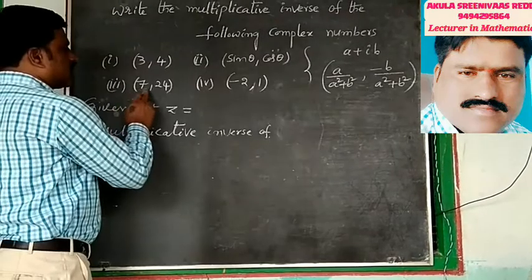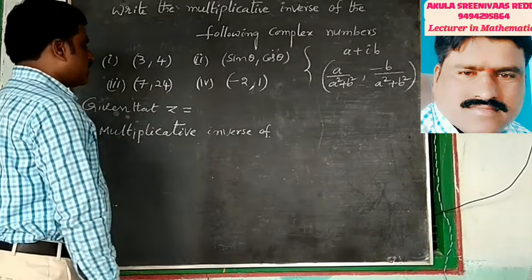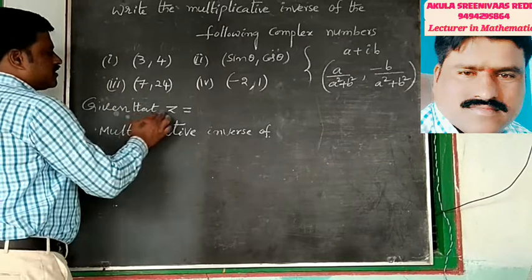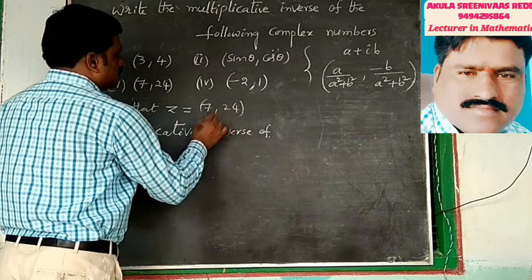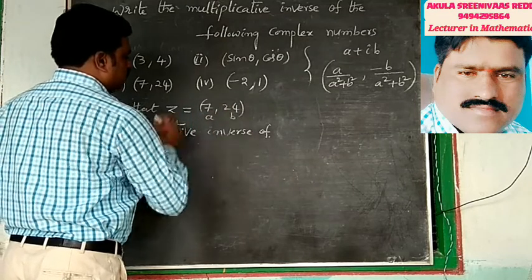Next problem, 7 comma 24. Given that z is equal to 7 comma 24. This is a value and this is b value.